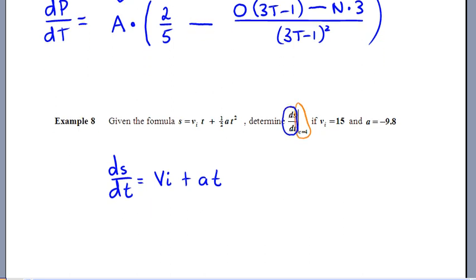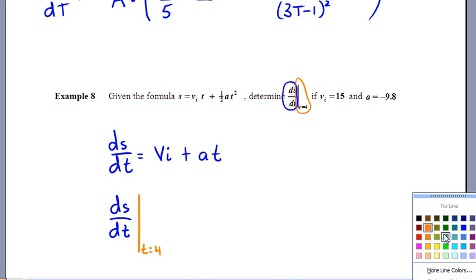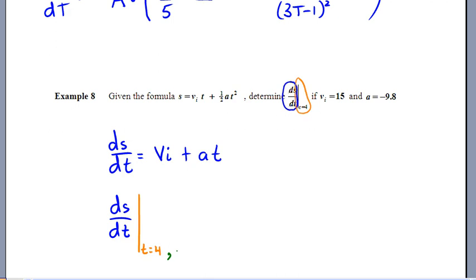Great. Now, let's go and do this evaluation. What is that worth at that one little moment in time, when time happens to be 4? Oh, and by the way, here's a little bit more information. Here's some numbers that have not been changing all day. The initial velocity, that constant, is a 15. Oh, and the acceleration is negative 9.8.